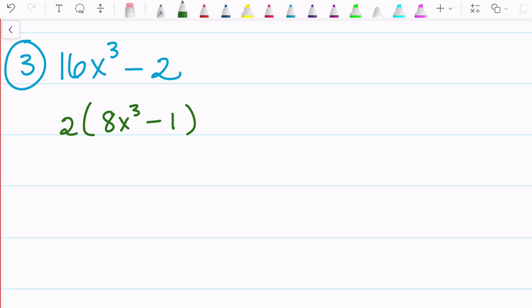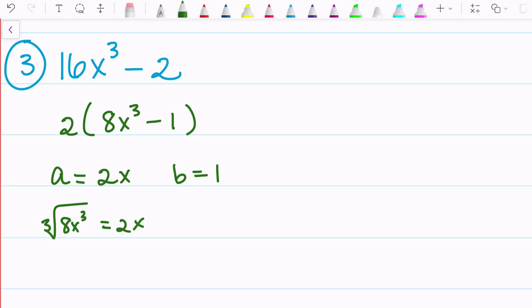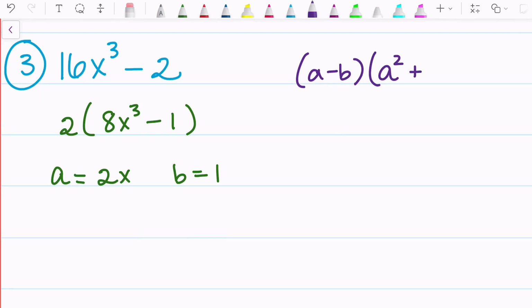So my a value is going to be 2x, and my b value is going to be 1. And again, I get that because the cube root of 8x to the third power is 2x. That's where that comes from. All right, so now I'm going to plug into the formula. The formula says, for differences, a minus b, times a squared plus ab plus b squared.